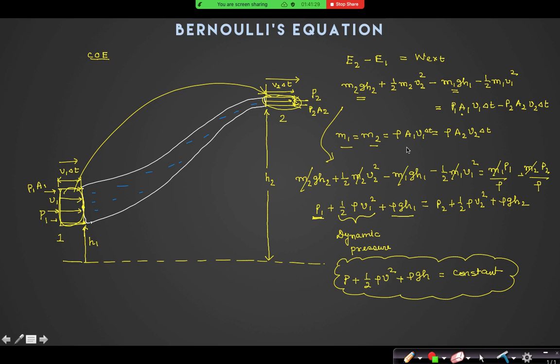So basically, these two terms are correctly called energy density, energy per unit volume. And this is the total pressure.